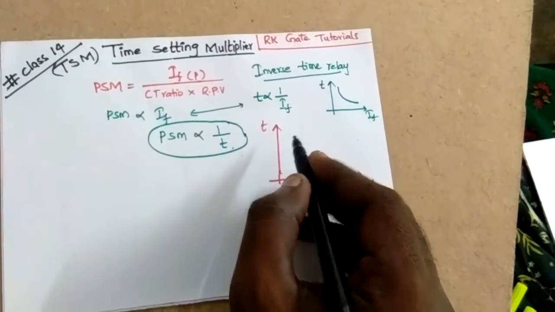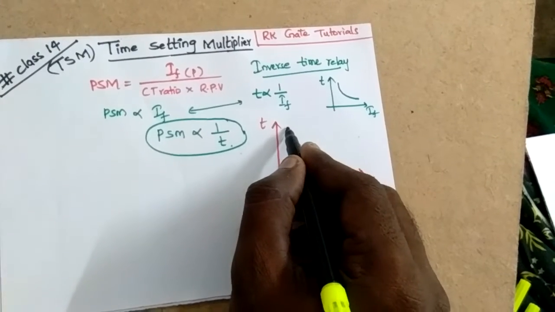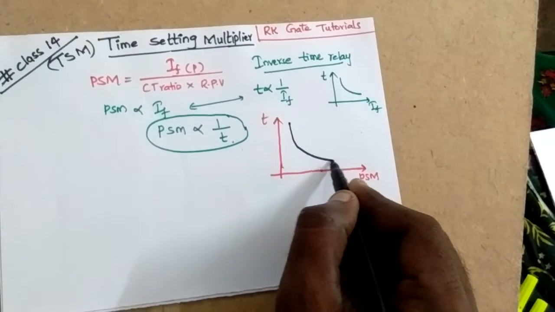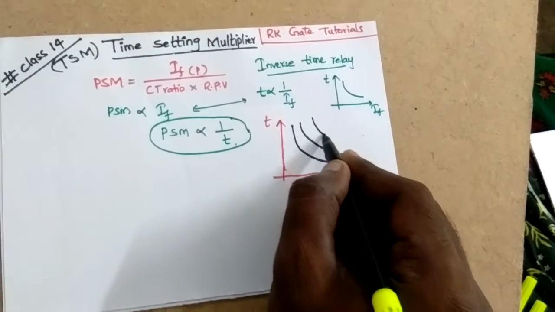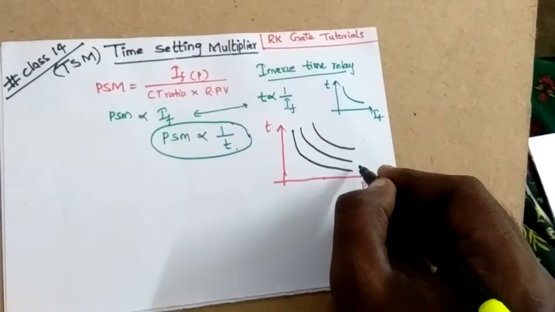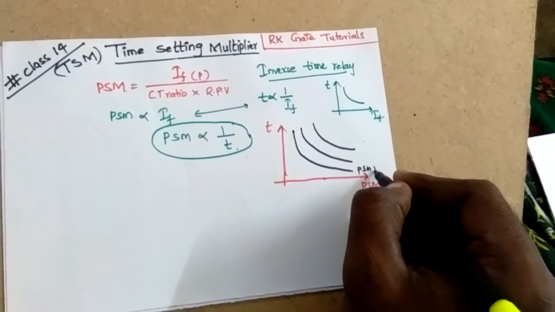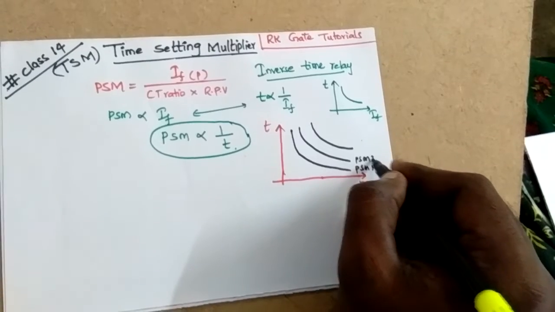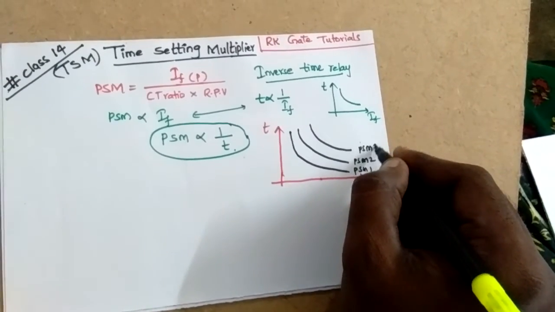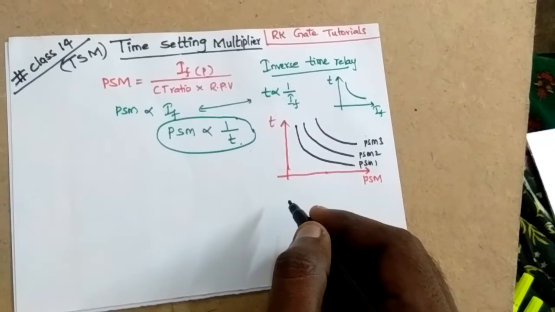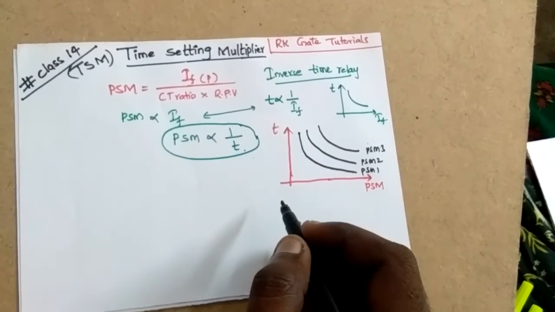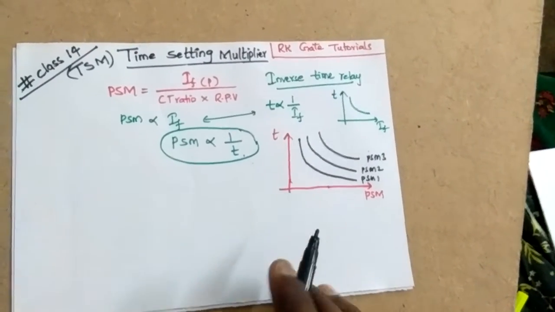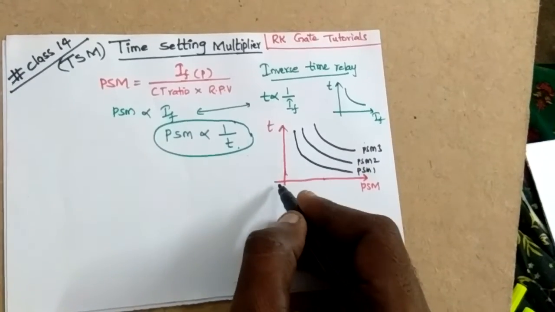For different values of plug setting multiplier, we will get different characteristics like this. Let us say this is PSM1, PSM2, PSM3. So we can say this is an inverse time relay.